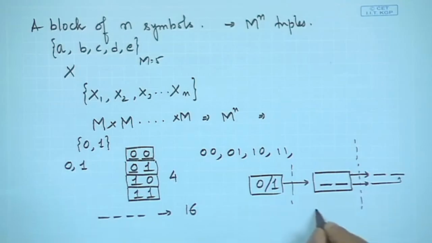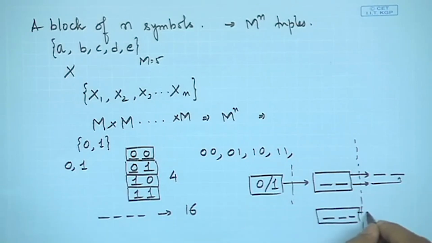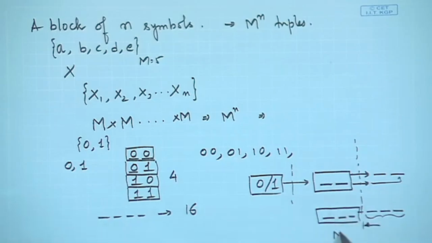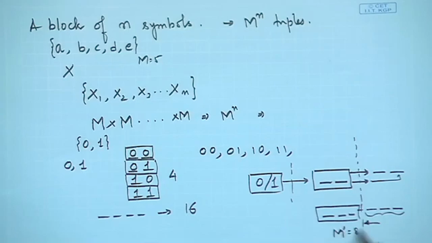Similarly, if my buffer would store 3 bits, and at every instant, with a delay of course, it gives out 3 bits, the first one, second one and third one, I am going to group these and say that the source gives out 3 bits at a time. So, if we combine these 3 different bits, then what we have is 2 to the power of 3, that is 8 possible symbols. At this point, if I look at the source, I would say that the size of m, I would call it m prime, is equal to 8, whereas here the size is 2.